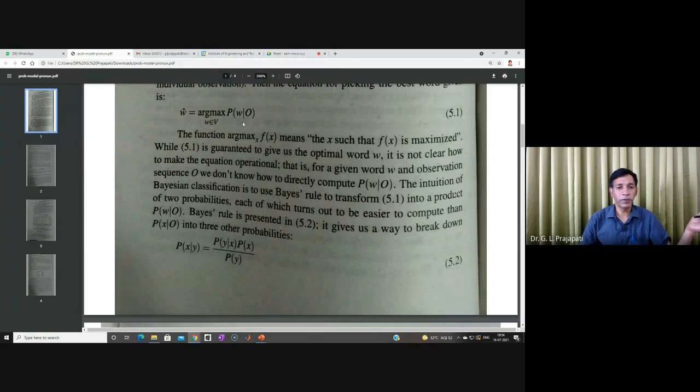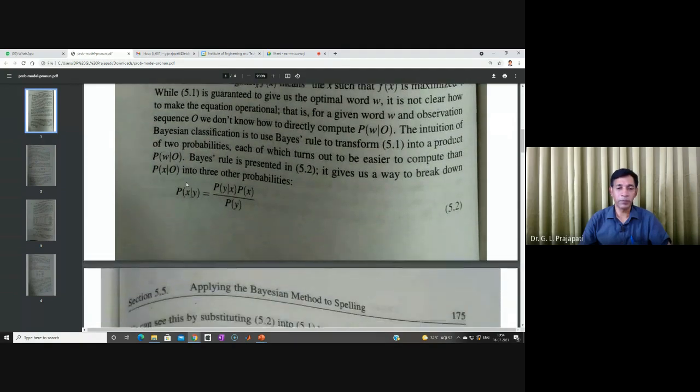Instead of the probability of the word given O, if it is easier to compute the probability of the observation given the word, then you can use the Bayes theorem, and you know the Bayes theorem.